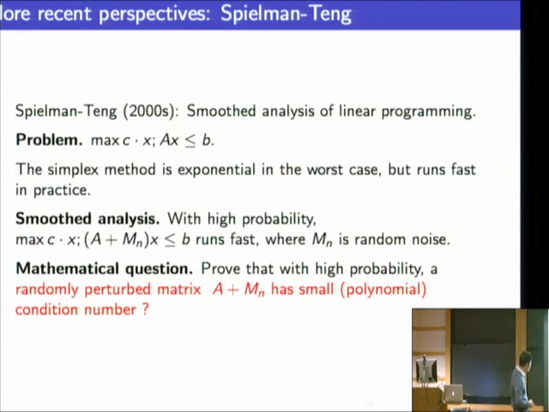Okay. And the main mathematical question, if you read the ICM paper by Spielman and Teng back in 2002, is that you need to prove that with high probability this randomly perturbed matrix has a small condition number. So it is a nice matrix in some sense, even when A itself can be very bad.